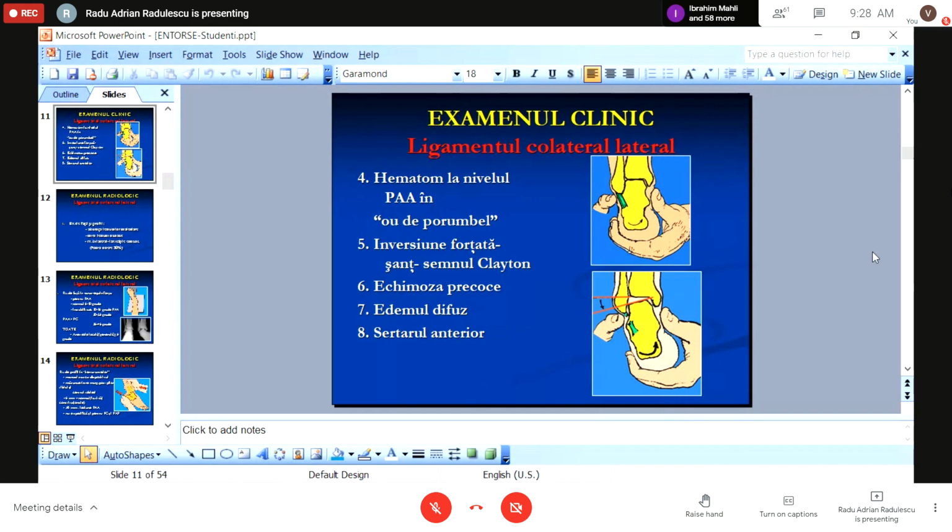Also, in sprains, we may get ecchymosis, but in comparison with the ecchymosis after fractures, and I told you already this, the ecchymosis in sprains are quite early. I mean, they can be seen probably after 6 to 8 hours after trauma.